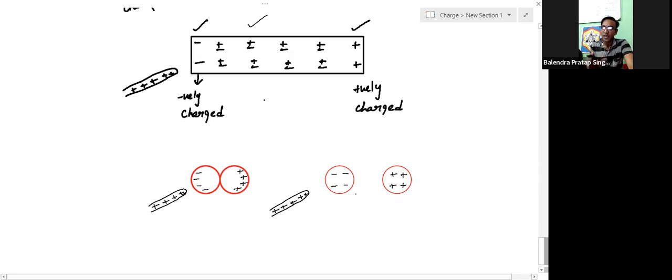In this way you created a pure negatively and a pure positively charged sphere. Previously they were neutral, with equal numbers of positive and negative charge. By bringing a positively charged rod, you created pure negative and pure positive spheres. This we call charging by induction.